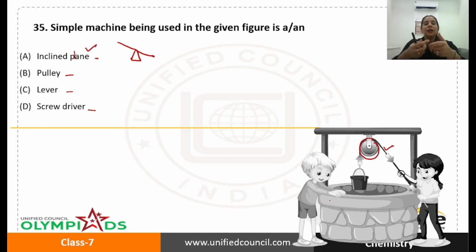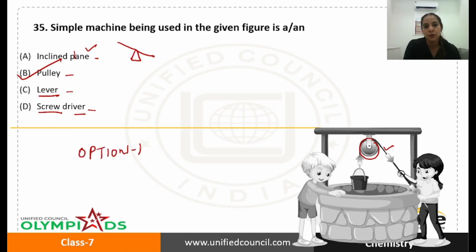It can even be used to pull some heavier objects. Lever, what is a lever basically? I hope you all know that a lever is something which makes a task very easy. Again, a simple machine. Same way screwdriver, it is just like a wheel with an axle. So here the correct answer is pulley. That is option B.